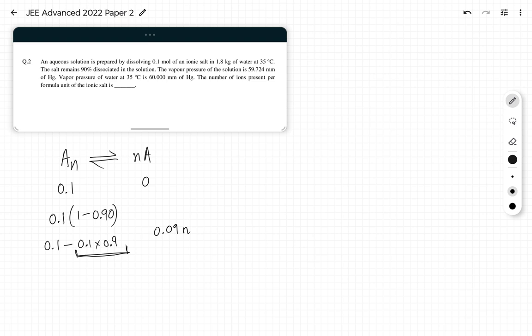So this is the total number of moles present in the solution after dissociation.